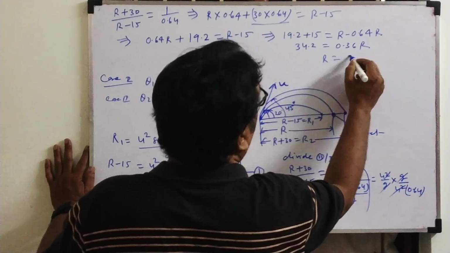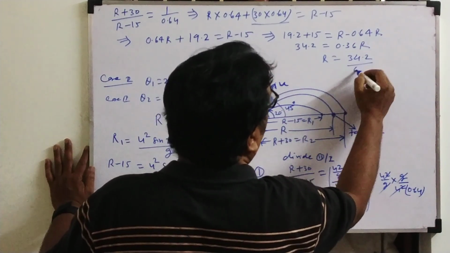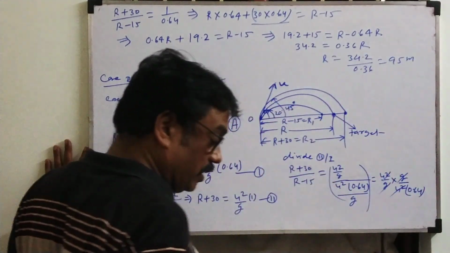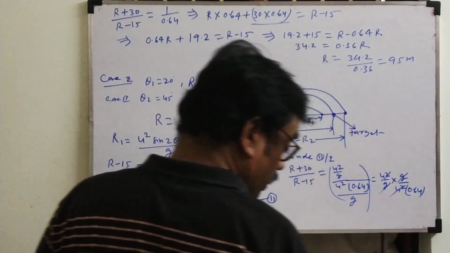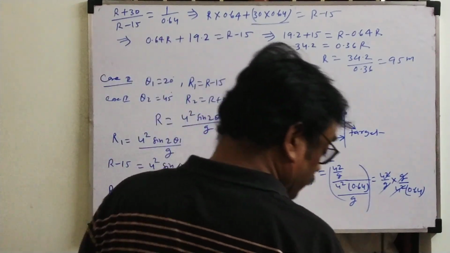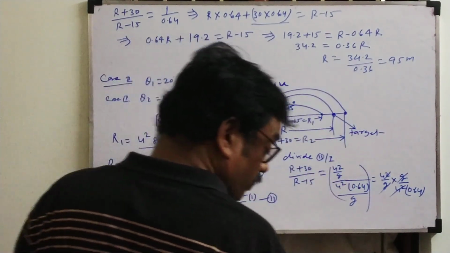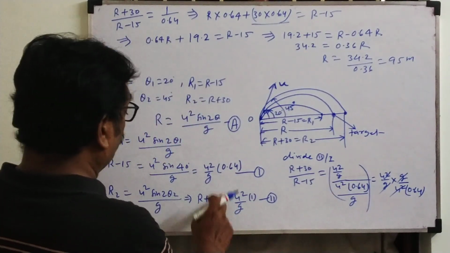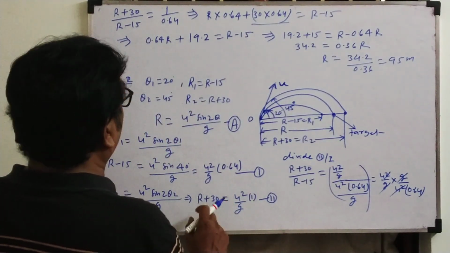So R is 34.2 divided by 0.36, which is 95 meters. R comes to 95 meters. Now substitute R in either equation 1 or 2, and you will get U square.